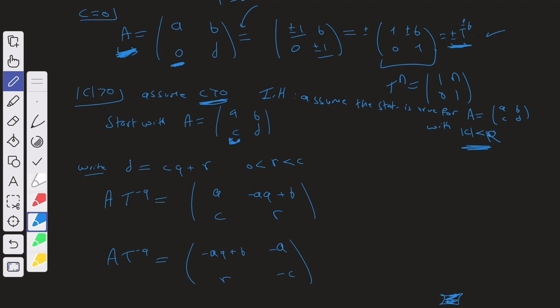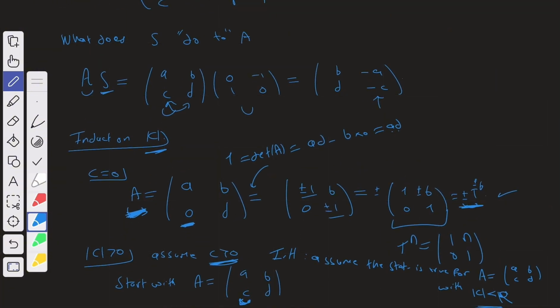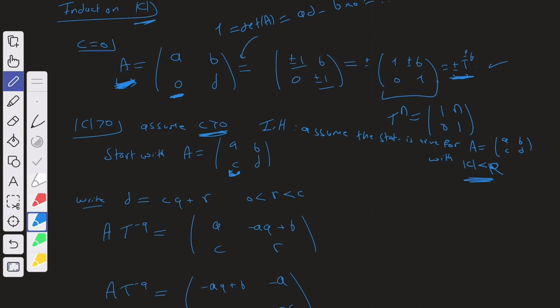So what we're going to do is leverage the fact that when we multiply a matrix by S, we switch the columns and we change the sign of the second column. And we'll try to make this D smaller than C, so that when we multiply by S again and switch the columns, we get an element here smaller than C.